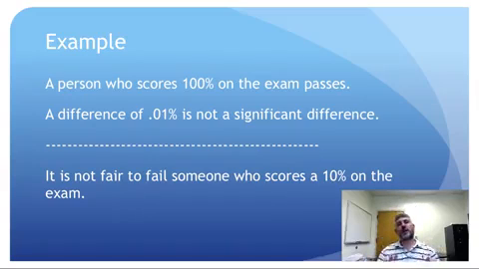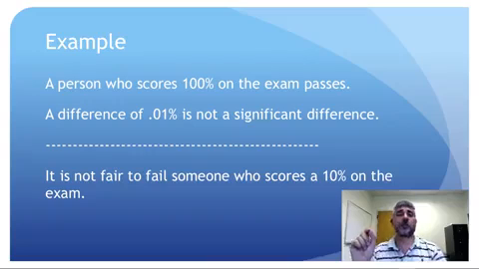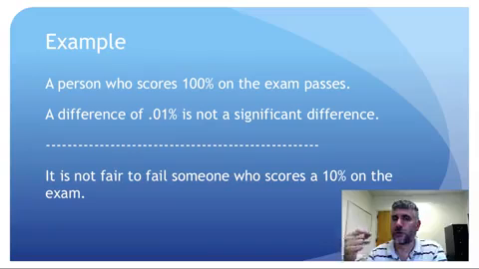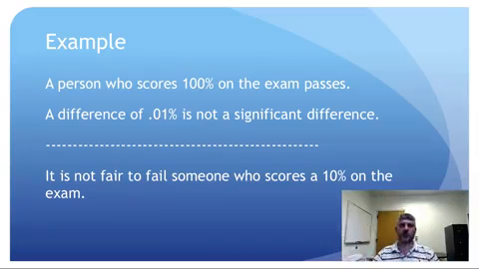Okay, so that's why fairness slippery slope arguments are fallacies. They're fallacies because they assume something that might not be true, which is that it can't be fair to fail someone who has a score that's not significantly different from a passing score. So that's why these are fallacies.